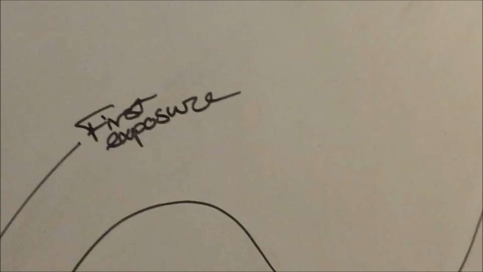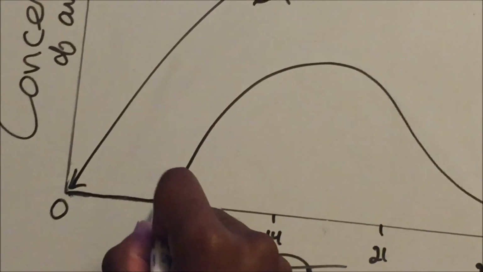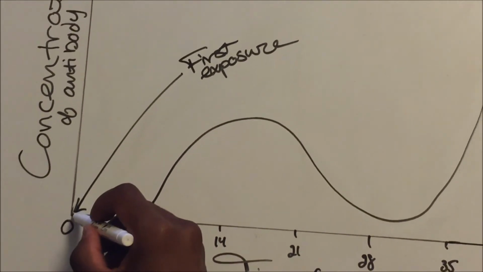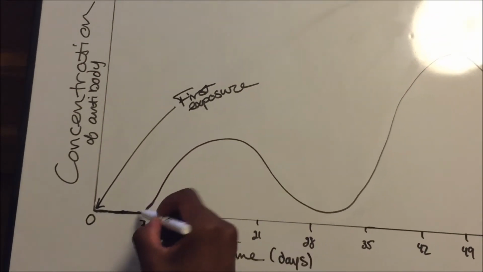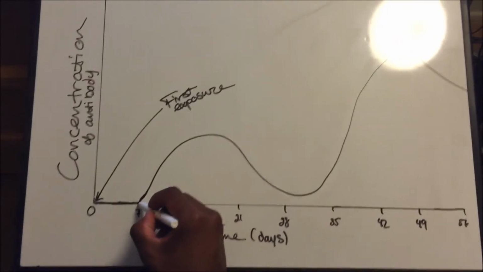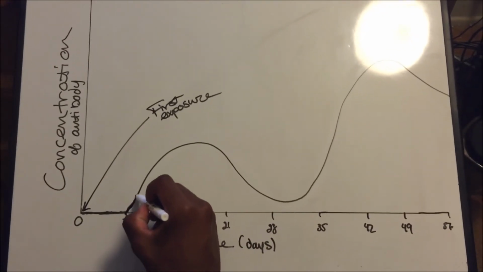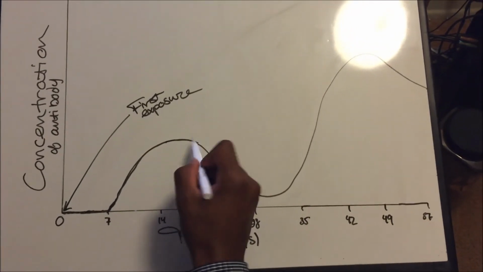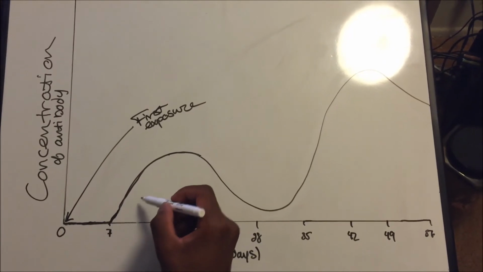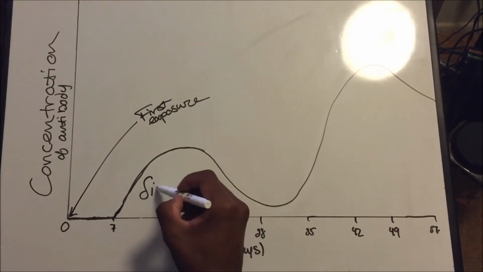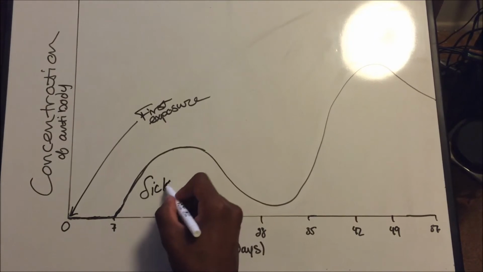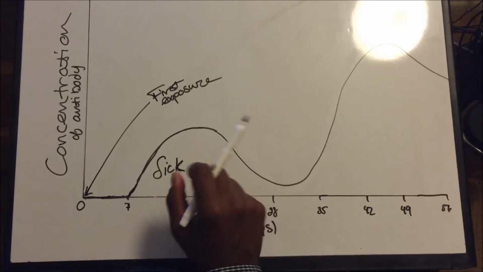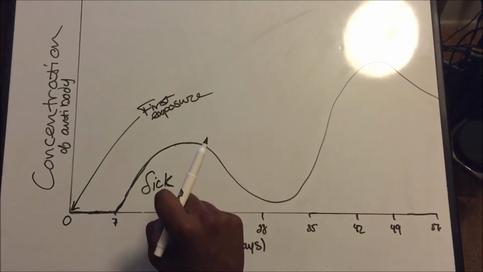And notice how there's no visible line here. That is because this is the time it takes for the body to recognize that there is a foreign invader, an antigen, within your body. And around a week's time, the body is able to produce antibodies against the antigen. And this, being the first exposure, is the time where you usually display signs of being sick and have symptoms of the specific virus or thing that is afflicting you.